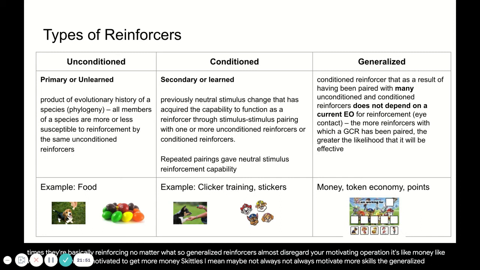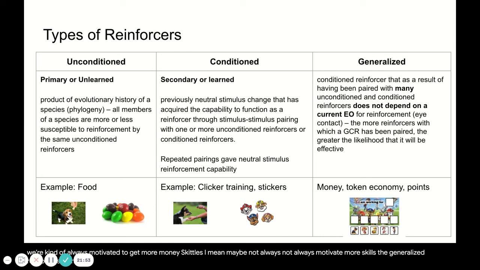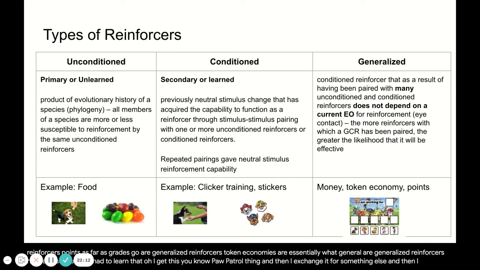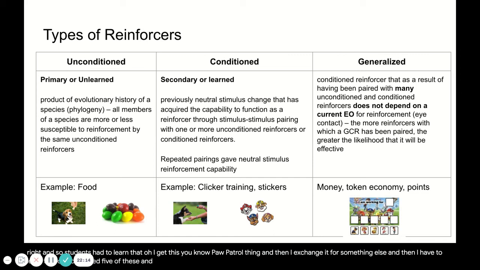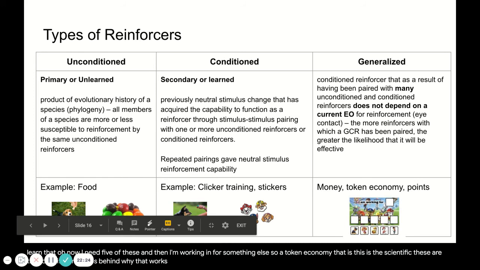But generalized reinforcers, like points as far as grades go, are generalized reinforcers. Token economies are essentially generalized reinforcers. Students had to learn that, oh, I get this Paw Patrol thing, and then I exchange it for something else, and then I have to learn that now I need 5 of these, and then I'm working for something else. So with a token economy, these are the scientific principles behind why that works.